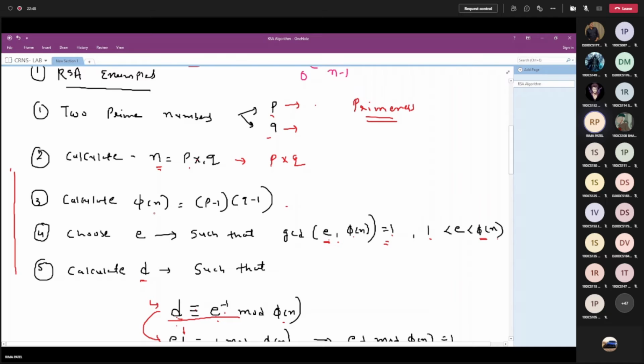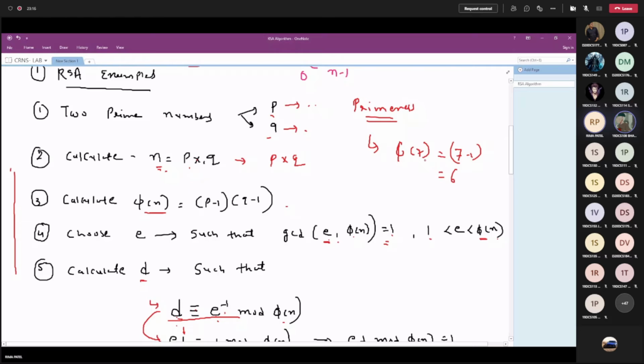Calculate the Euler totient function phi of n. You have assumed P and Q, and you have calculated the value of n. Now you need to find the Euler totient function of the same. For a prime number, what is the rule? If I am getting phi of 7, then I simply do 7 minus 1, that is 6.